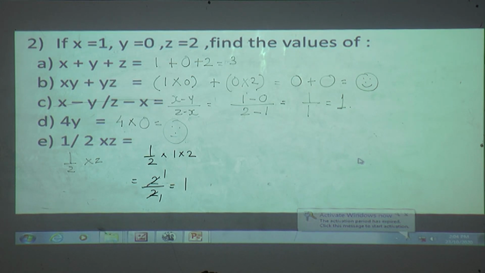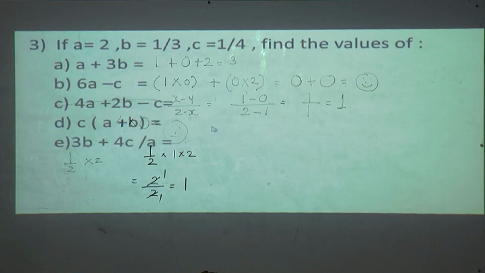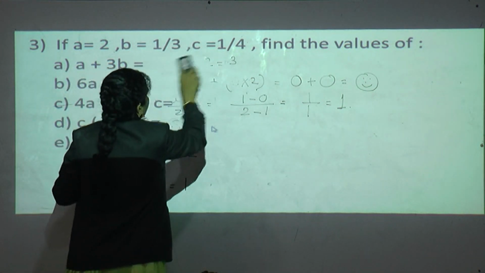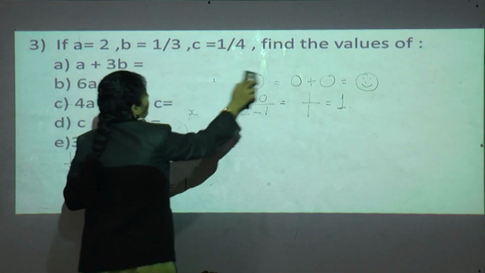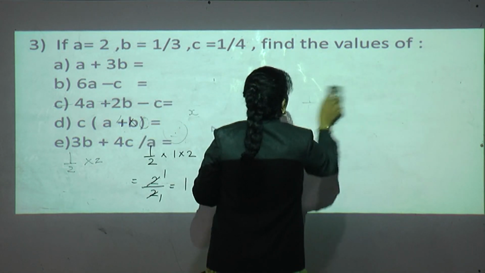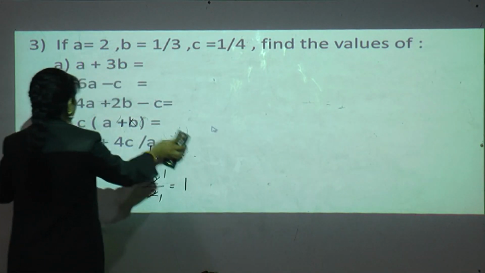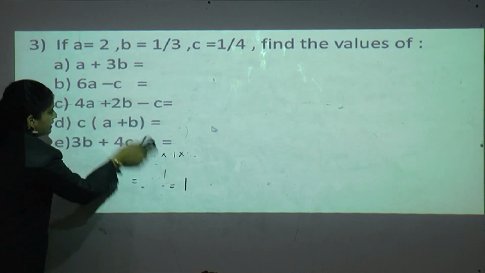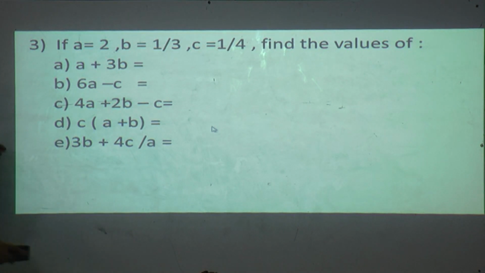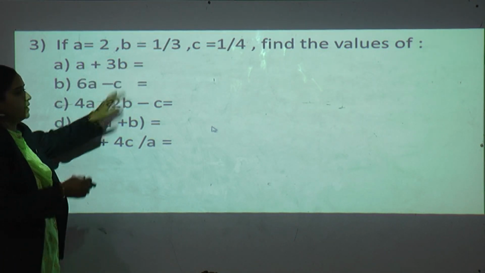Here see, students, in third one, if A is equal to 2, B is equal to 1 upon 3 and C is equal to 1 upon 4. Find the values of, same as previous example, students. See, A plus 3B.